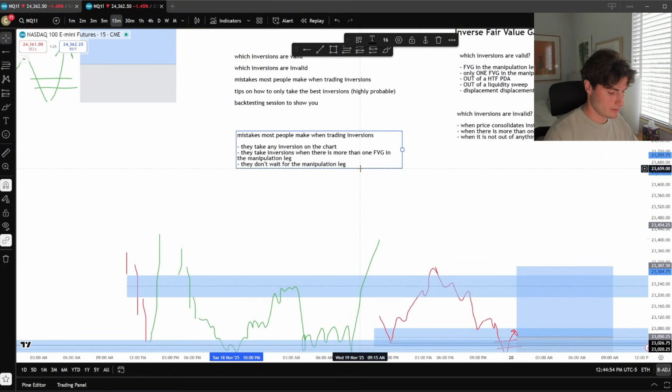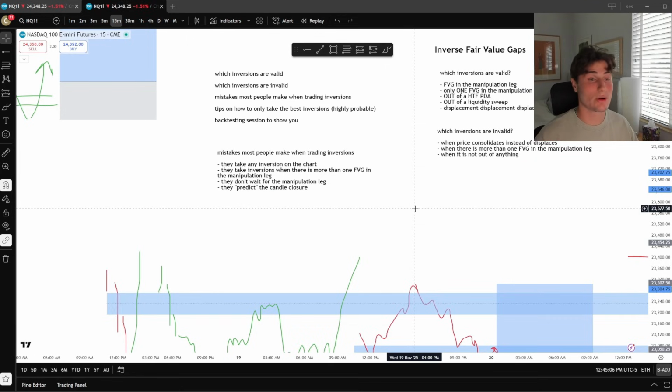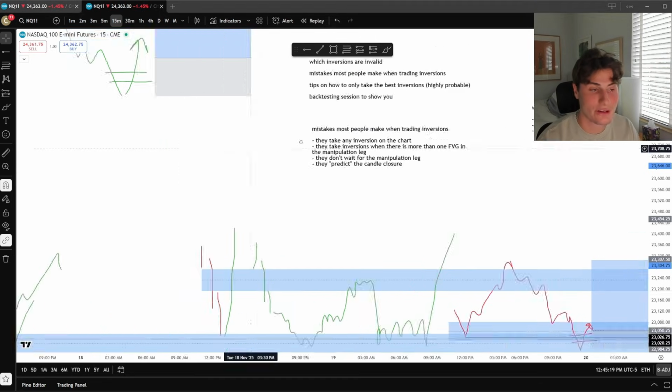And they try to predict the candle closure. A lot of people are so impatient that instead of just waiting for the candle to close and taking the entry, they'll try to predict the candle closure and prematurely enter the inversion.